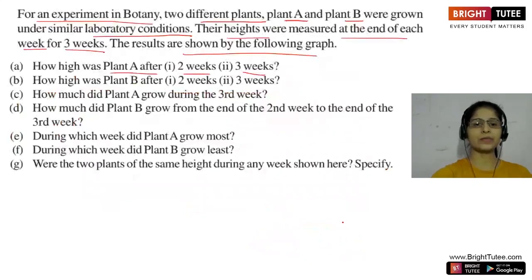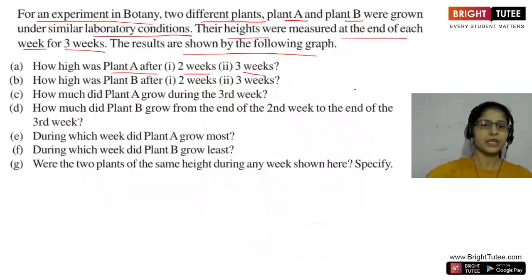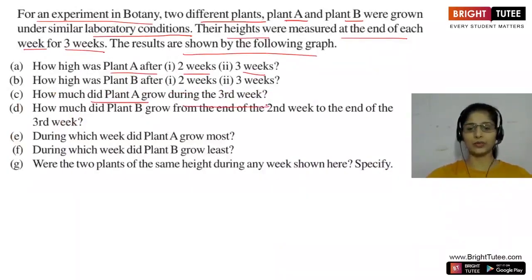Okay. For plant B we have to check in the second part, 2 weeks and 3 weeks. So for plant B, that is the solid line you have to see. Plant B also at the end of the second week had the same height as 7 centimeter, and at the end of the third week it is how much? 10 centimeter. Plant B has more height. Okay. Next one, how much did plant B grow during the third week?